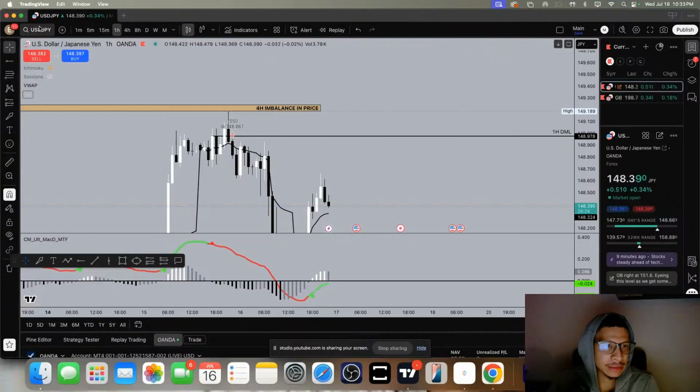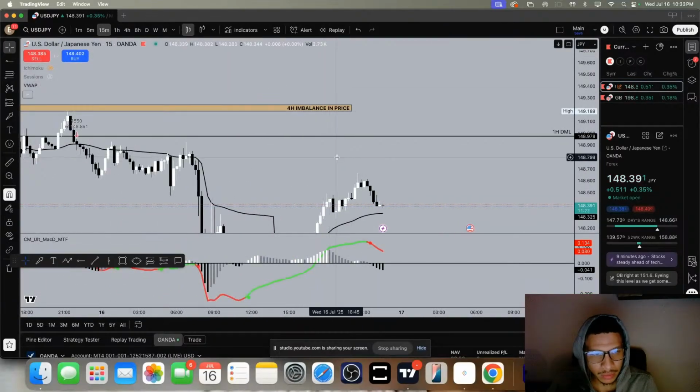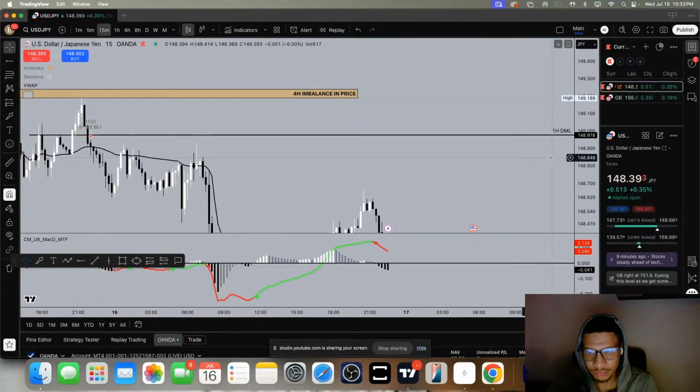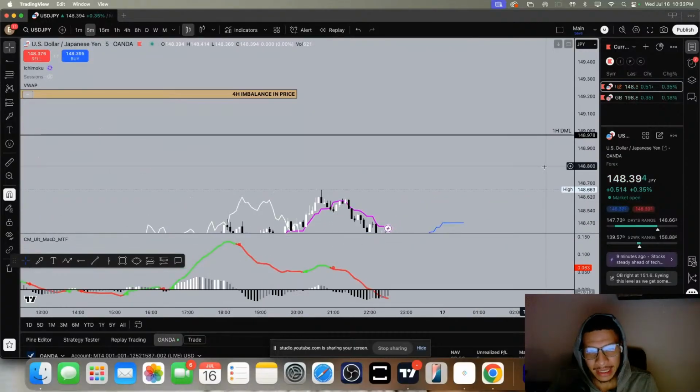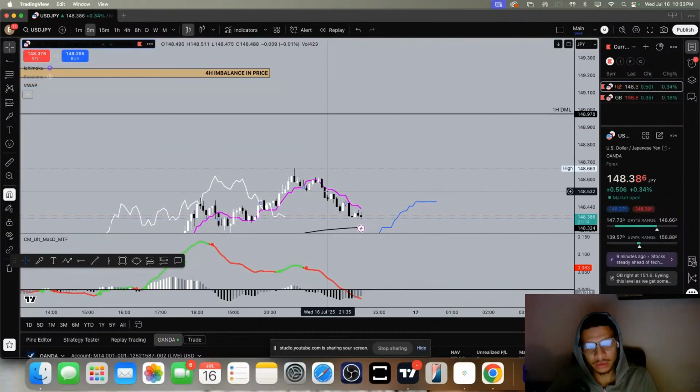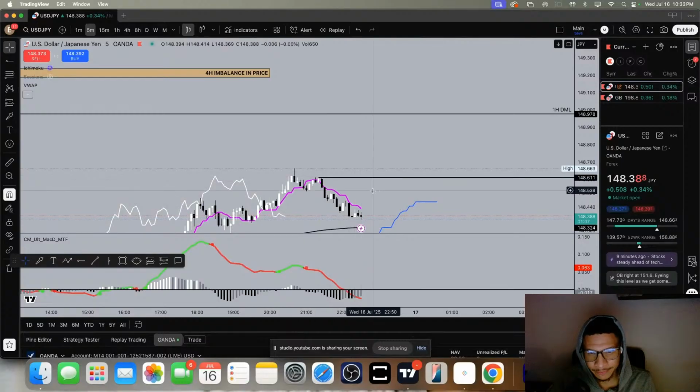But going down to my lower time frame, that's what I'd be waiting for. Because at the end of the day, where it looks like my entry is going to come in, if I wanted to take a trade prior to it breaking this level, is somewhere around here.